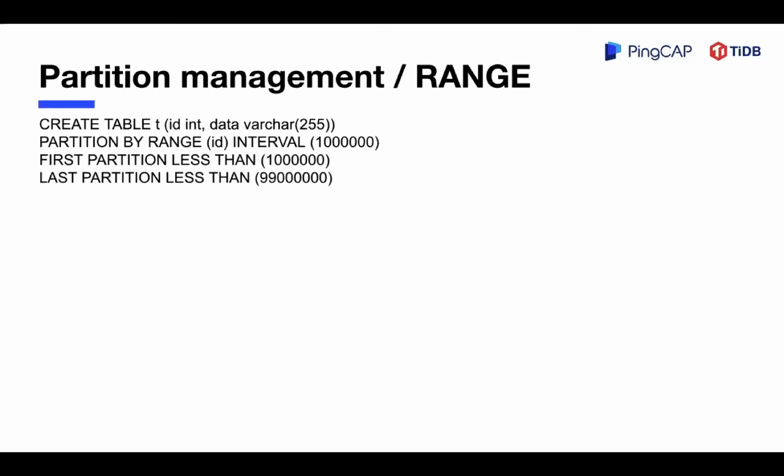Something that is new in TiDB and that's not supported in MySQL is partition by range interval. So instead of listing each and every partition, you can just say that I want one partition per interval, and you say how big the interval is, and the first partition should start somewhere and the last partition should end somewhere.